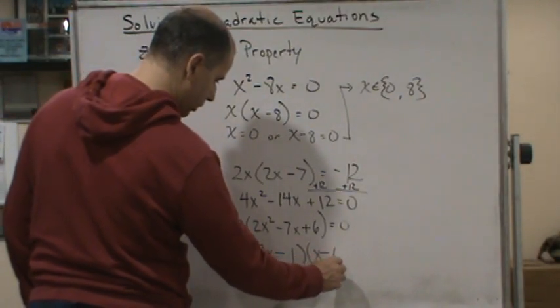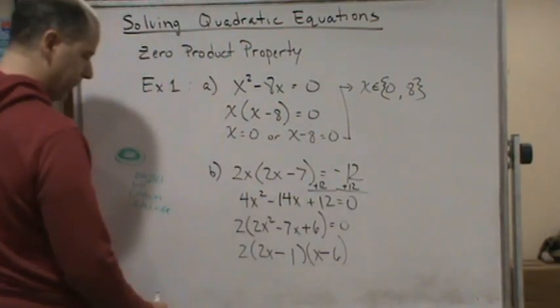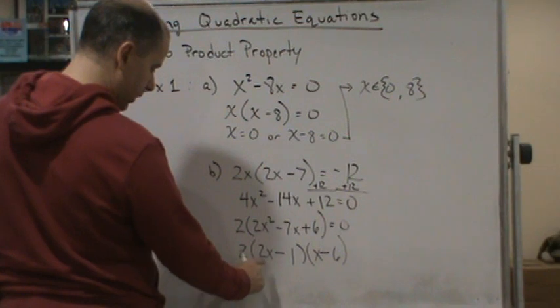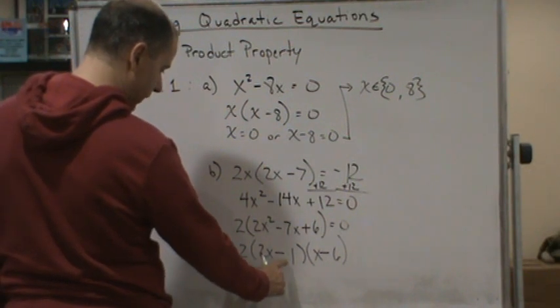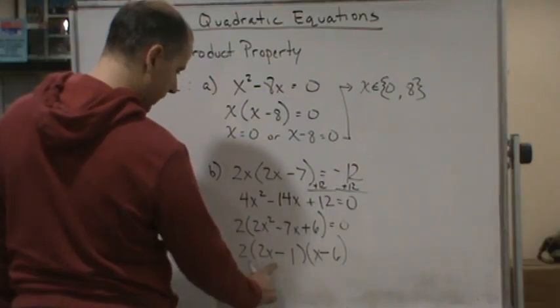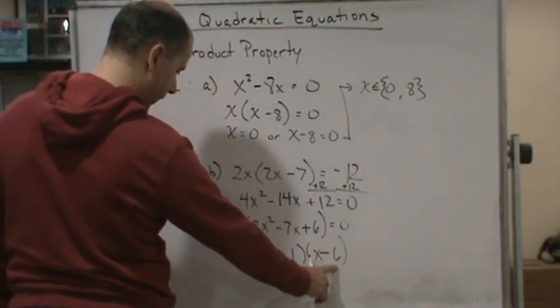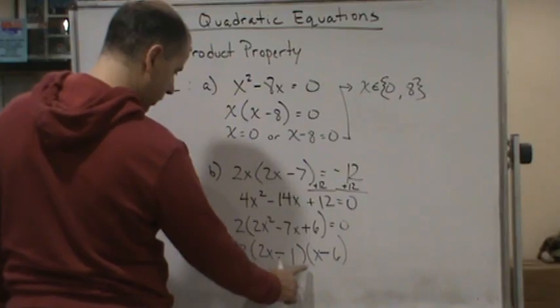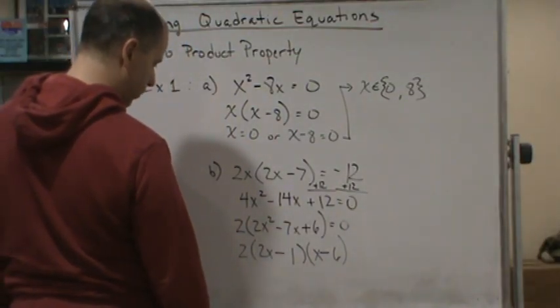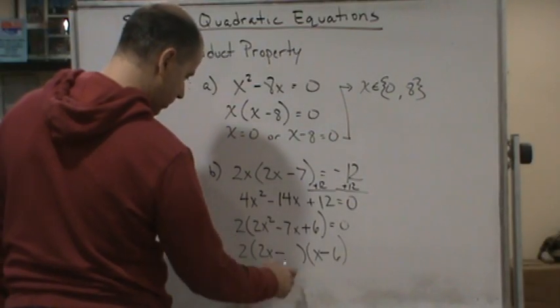Now, the way I do it, obviously, it's either going to be this way or switched. So again, if I do 2x times 6, that gives me 12. Negative 12 minus 1, that doesn't do it. So let's switch them around.